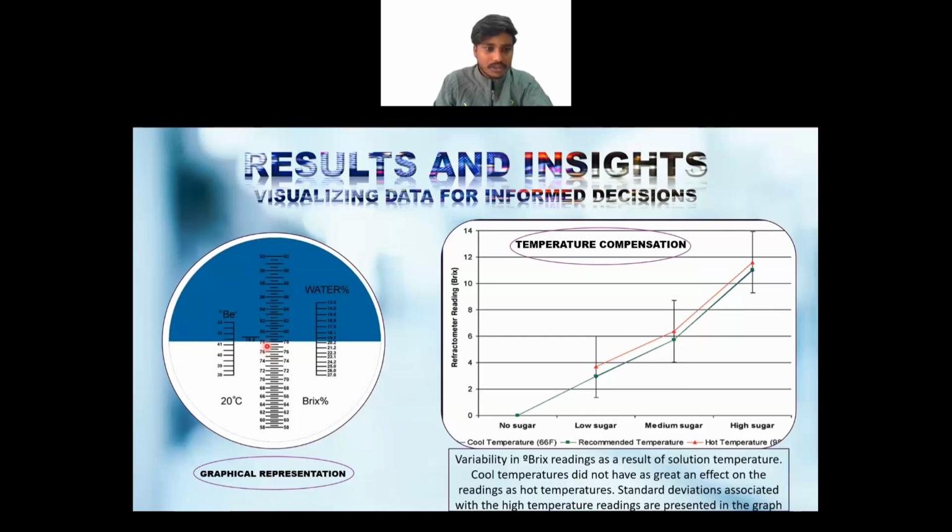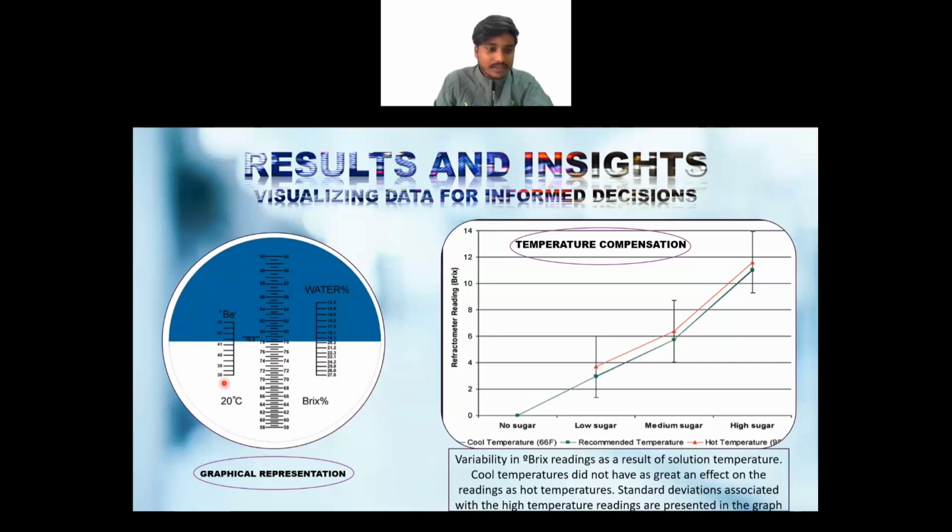And the right shows the water percentage. Corresponding to the Brix percentage, it is showing around 19.2 percent, and on the left it is the Baume scale, which is another unit of measuring density, often used in the food industry, like for syrups.